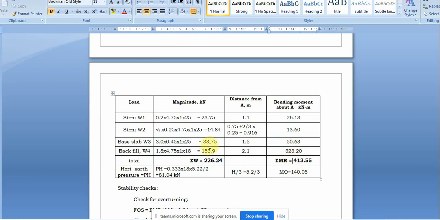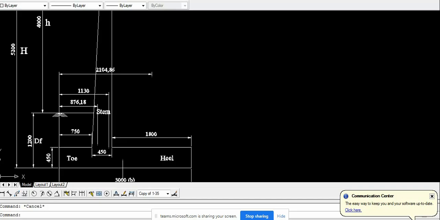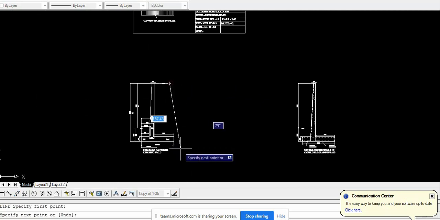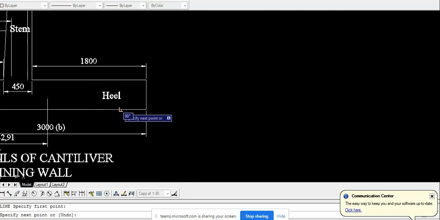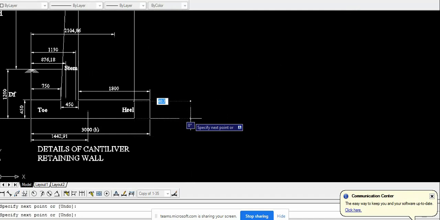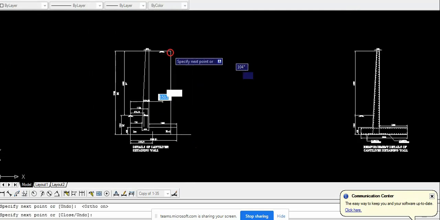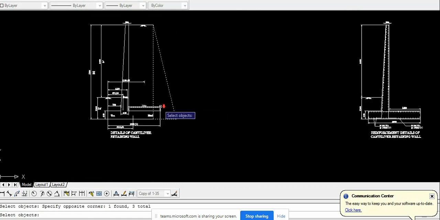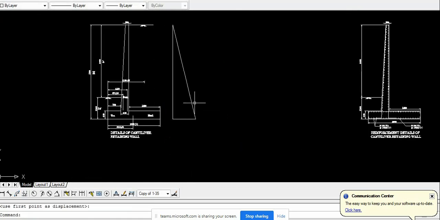So these all loads are downward. Then we have some horizontal pressure acting in the horizontal direction, that is pH. So pH is equal to Ka into density into height. You can see this is the horizontal pressure acting in this fashion.